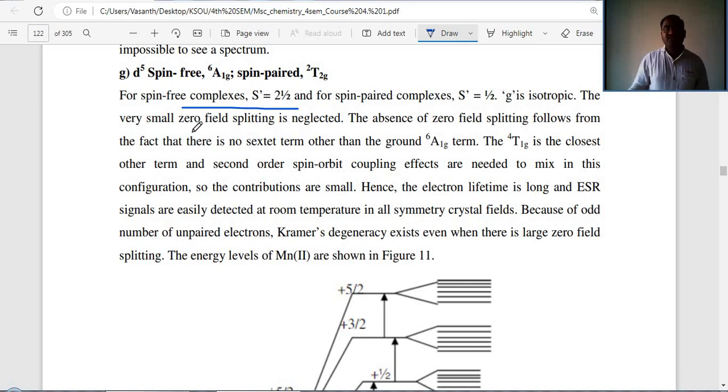The very small zero field splitting is neglected. The absence of zero field splitting follows from the fact that there is no excited state other than the ground 6A1g term.